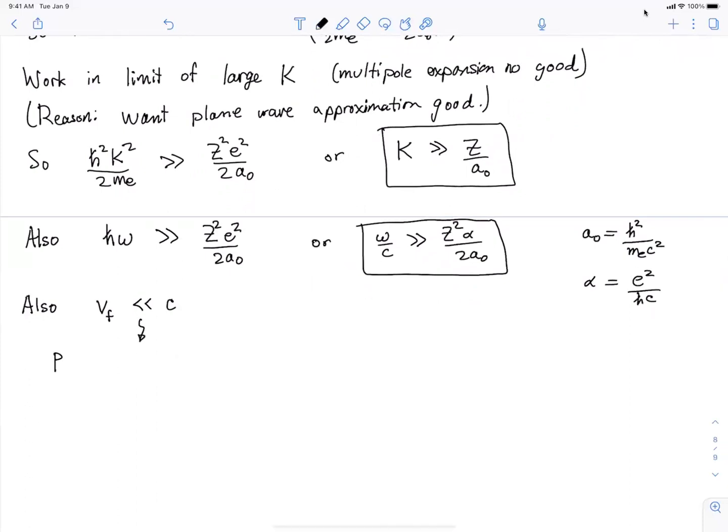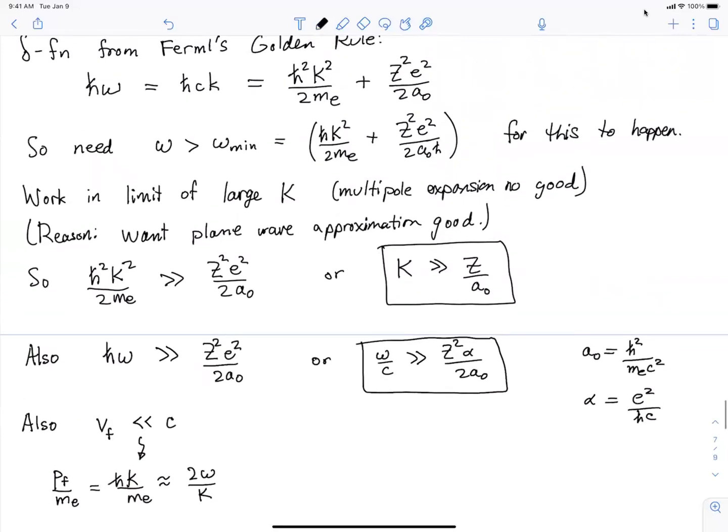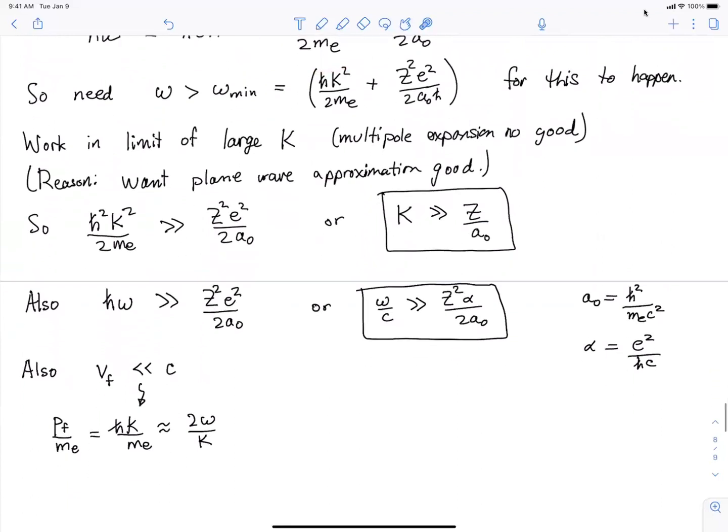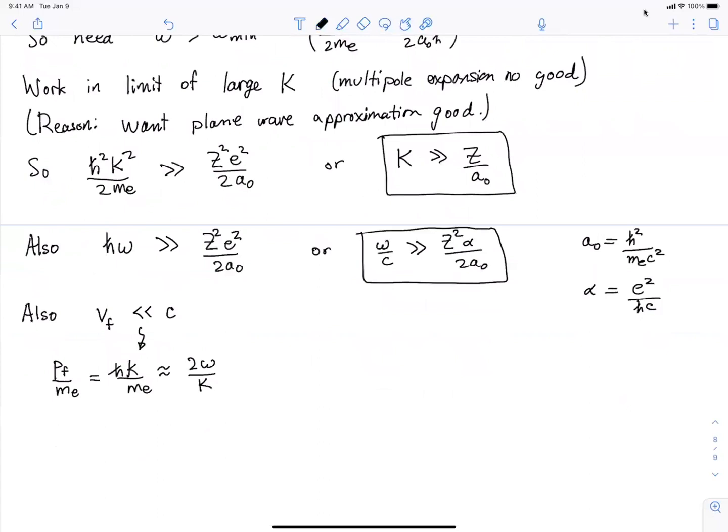That means if I take the momentum divided by the mass, that's h bar capital K over the mass, it is approximately 2 omega over K. I get that from going back to this equation, where I can neglect this term to first approximation. And so that gives us that capital K has to be much, much larger than omega over c.